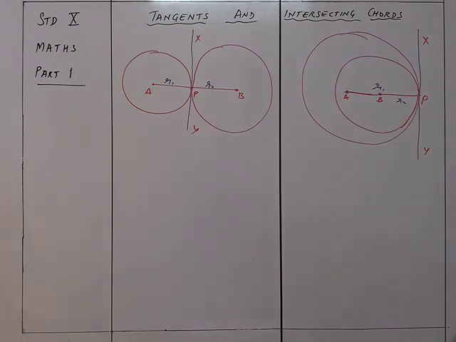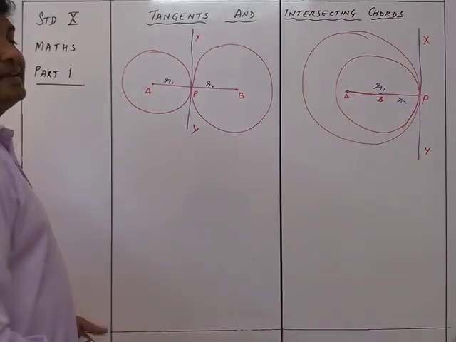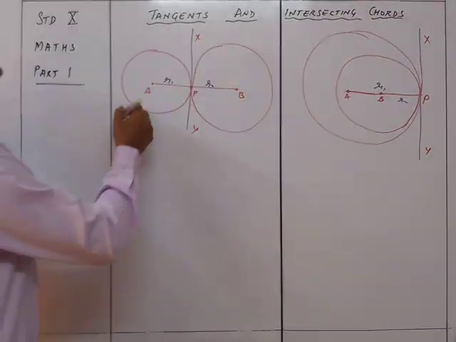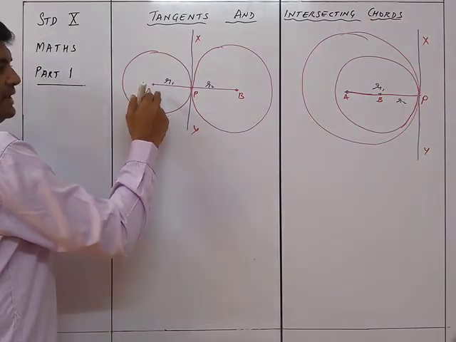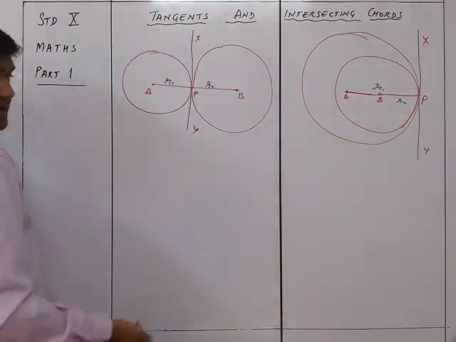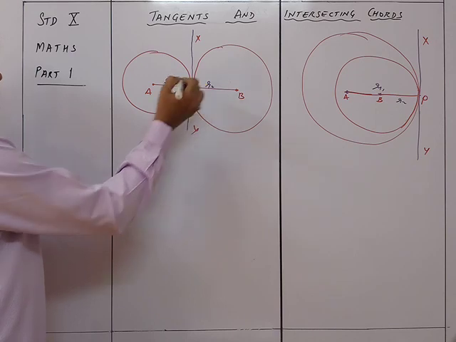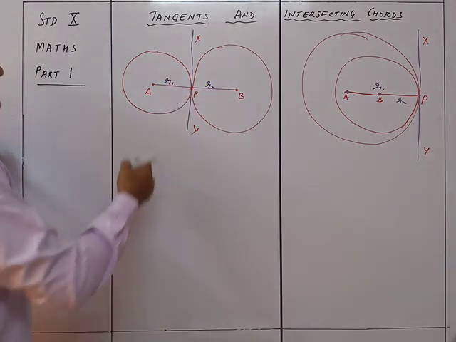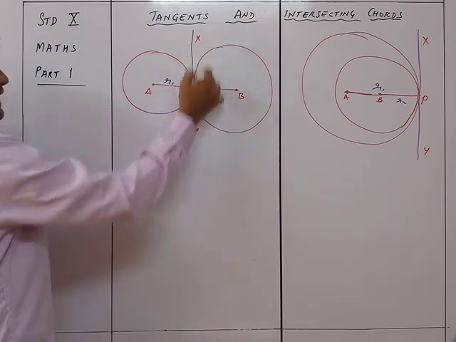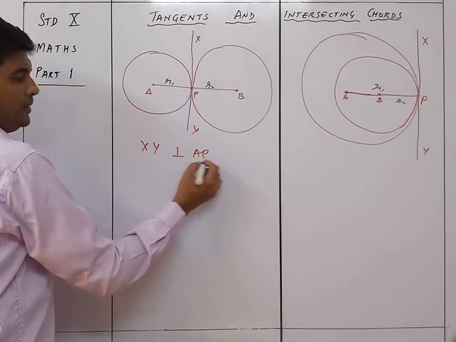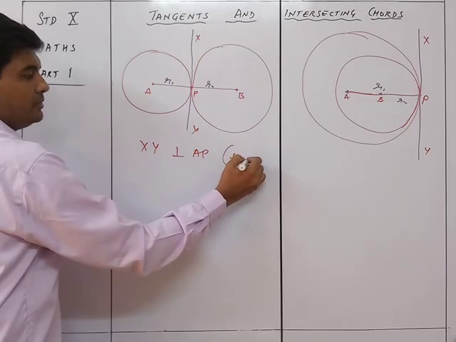So what we need to prove is that APB is a straight line. That's the theorem: the line joining the centers of the circles will be a straight line passing through the point of intersection of the two circles. So it's a very simple thing. We know very well that XY is perpendicular to AP because it's a tangent.